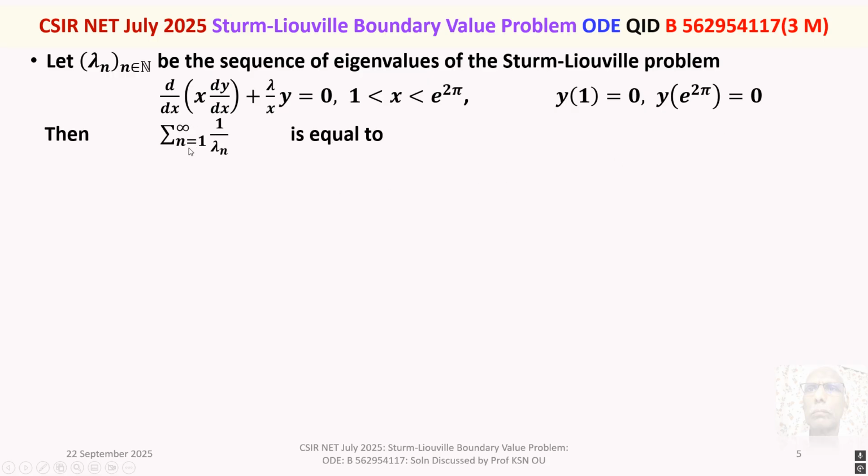Then the sum of the series sigma n equals 1 to infinity 1 by lambda n is equal to, and we are given 4 options.